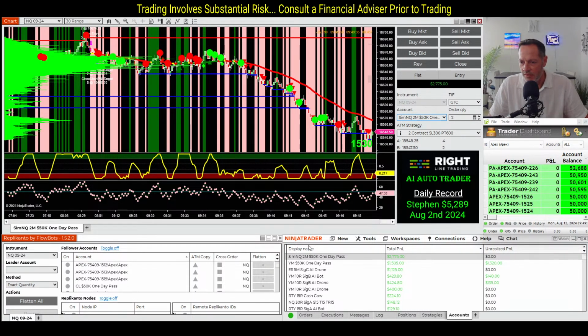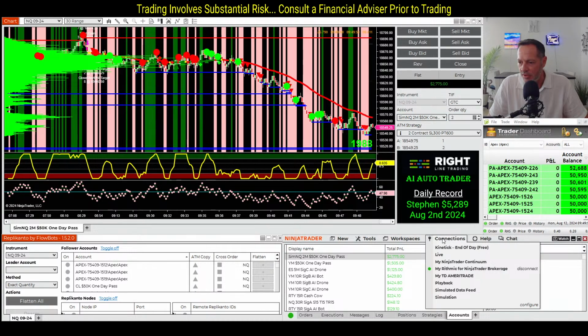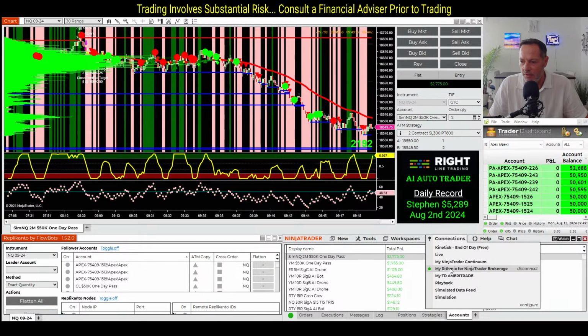To do that, this is the Control Center from NinjaTrader, and down here are the different strategies that we trade. What I need to do is reset data, so I'm going to go to Connections. Down here, the one that I'm using right now is MyRhythmic for NinjaTrader Brokerage.